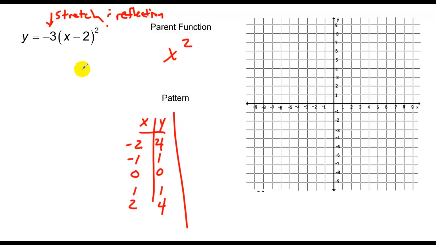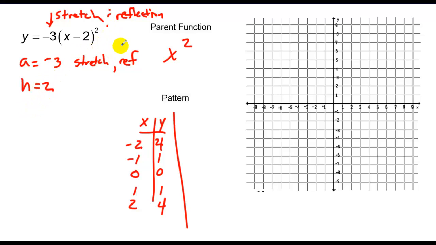But now I identify my a, h, and k, and my b. My a is multiplied to the function. So this is -3, which is a stretch and a reflection. Notice my h is inside the function and it is following a negative, so my h is equal to 2.